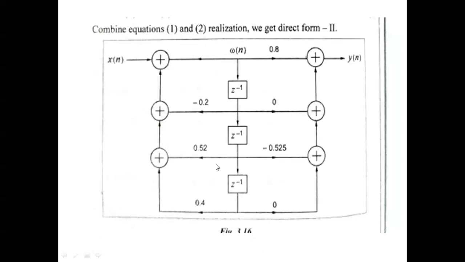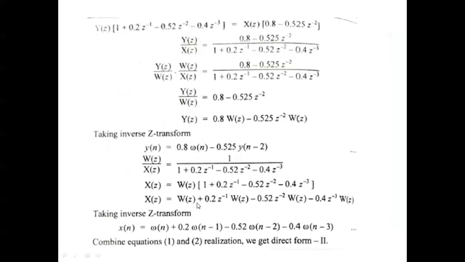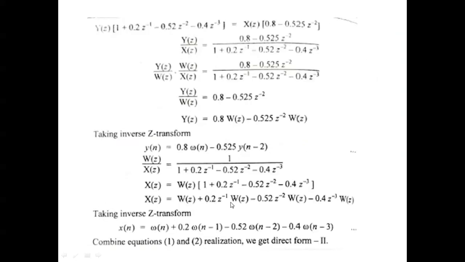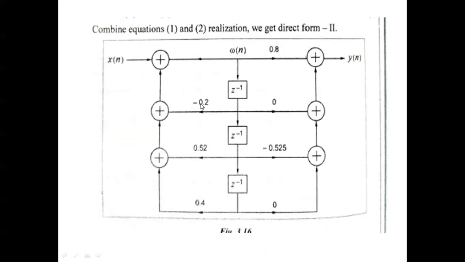So x of n and y of n; this is the direct form 2 format. This is the x of n side, and this is the y of n side. On the y of n side we have the values 0.2, 0.52, minus 0.45, after the delay minus 0.2, 0.52, 0.4.